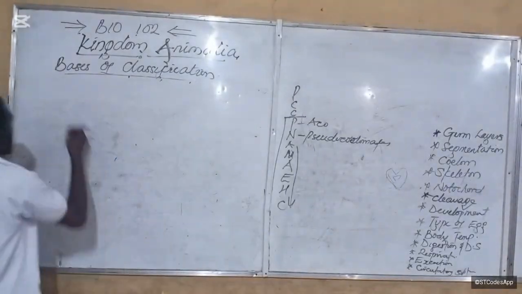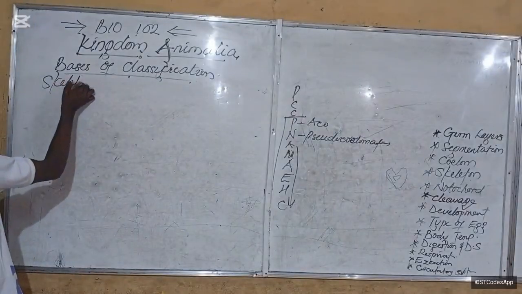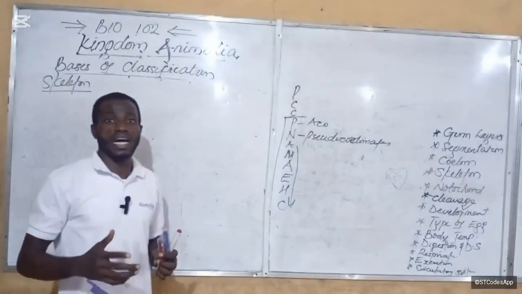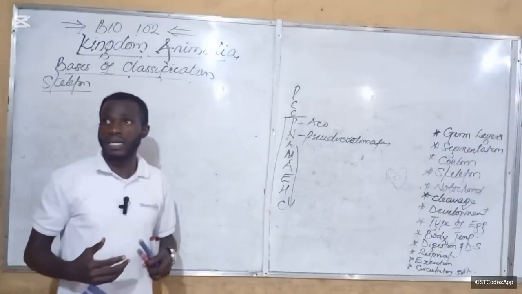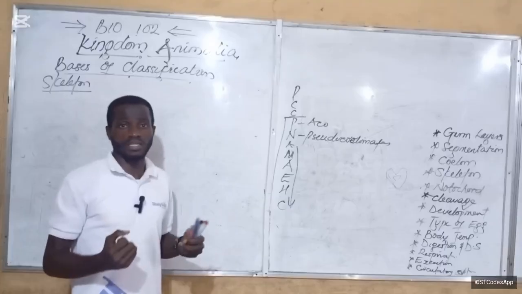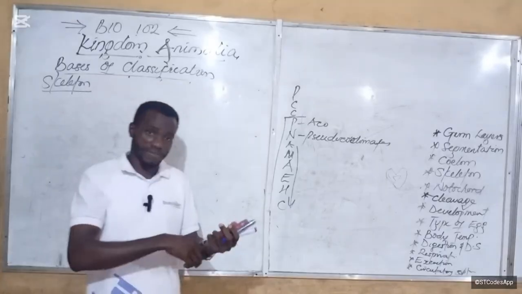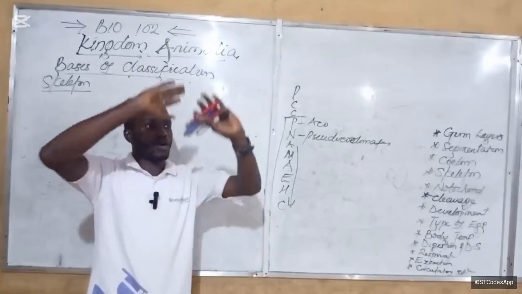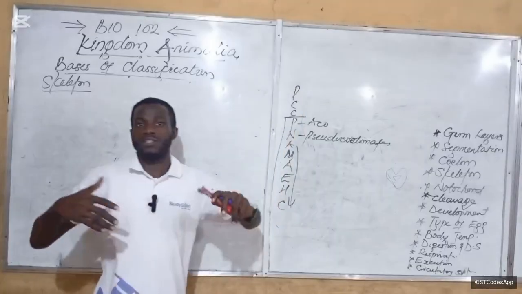All right, so we have skeleton. Now, skeleton is basically the body framework that helps to support and give rigidity to the body. Is that clear? So our skin, our flesh, our muscles are just flaps that are hanging or covering a particular skeleton.